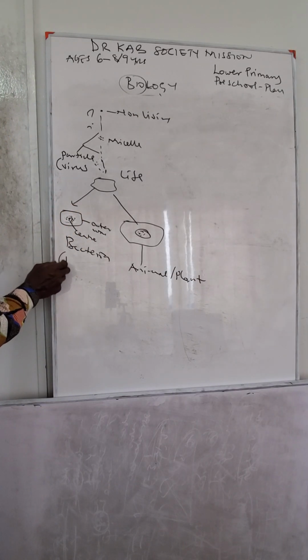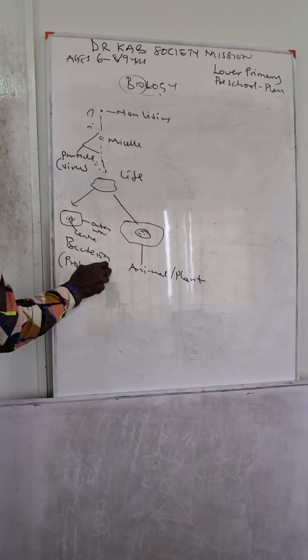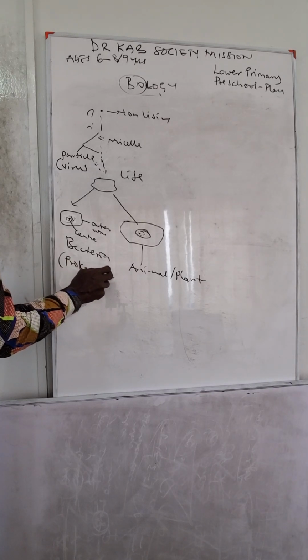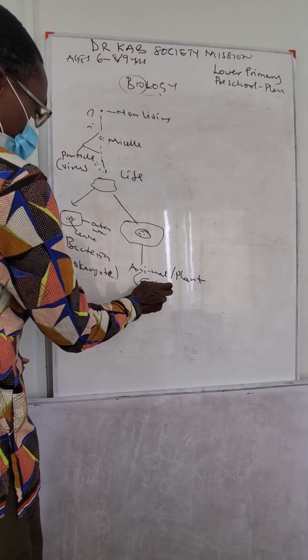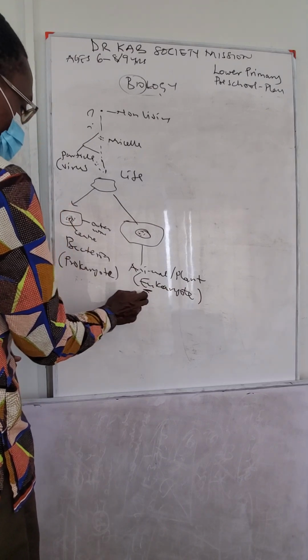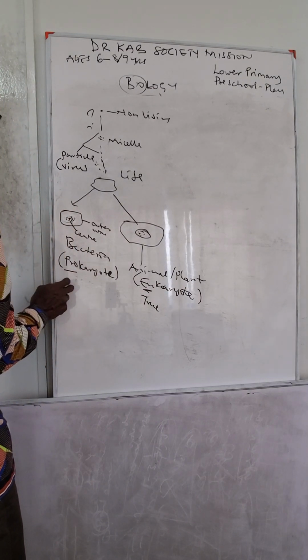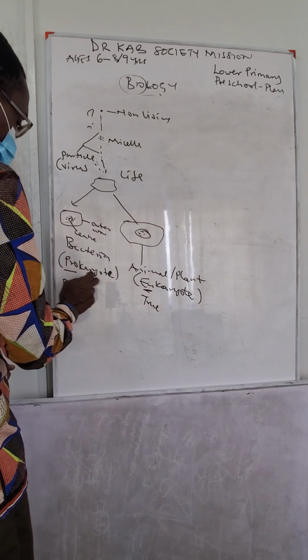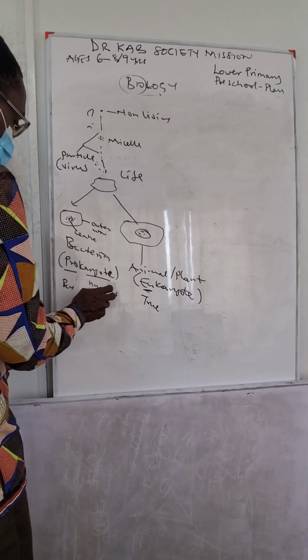So this one we say is prokaryotes. Then these ones are eukaryotes. For your spelling, eu means true, and pro means before. Before becoming true, and this refers to the nucleus, or nuclear material.